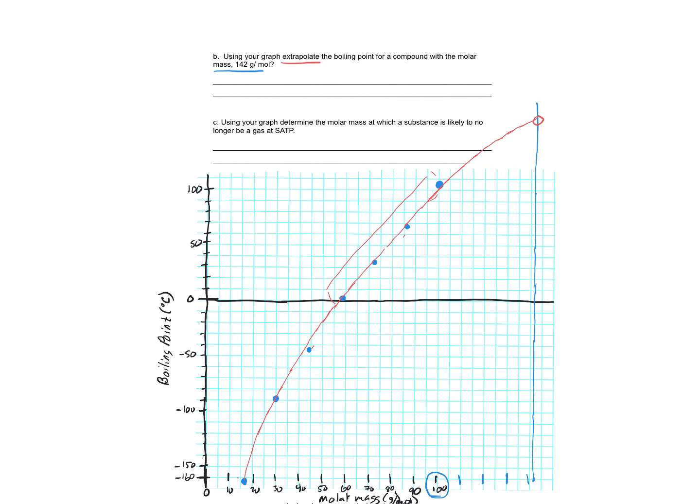Now what that means is that I actually need to extend my boiling point graphs. So 110, 120, 130, 140, 150. I'm doing my best to keep those evenly spaced. But eventually, it looks like it's going to go right through my question there, and that's all right. Okay, so right somewhere around there.